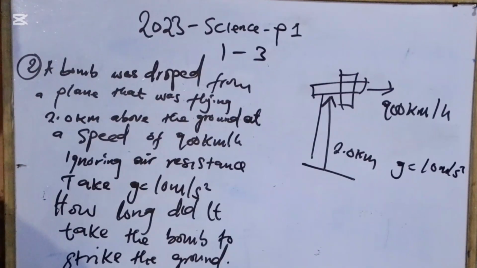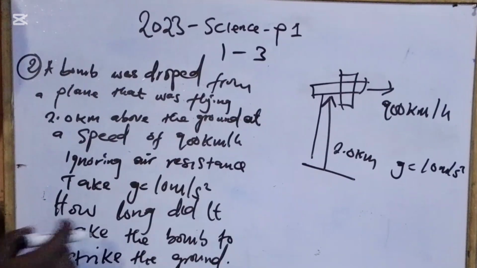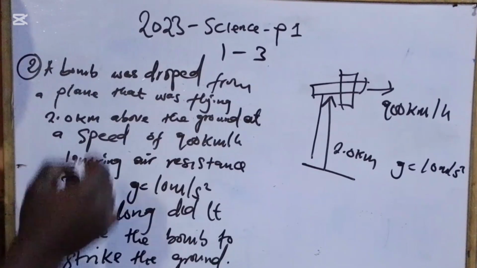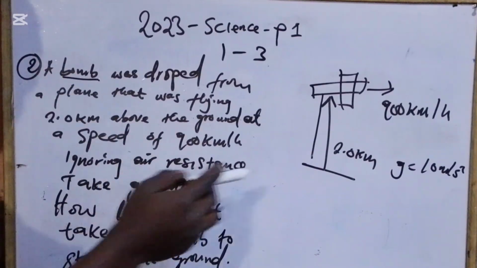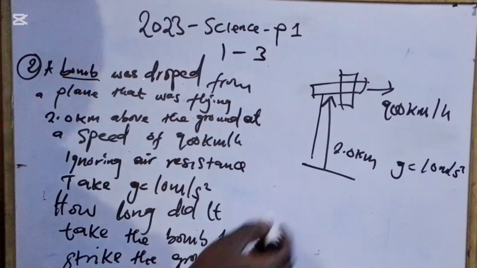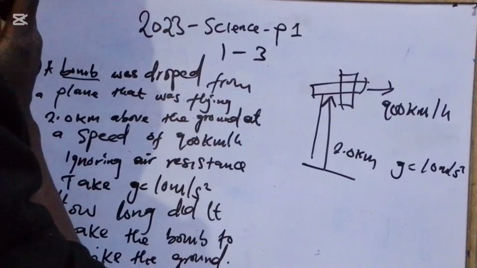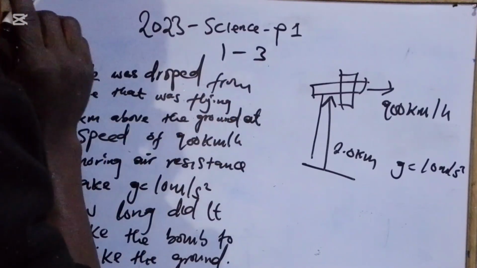Now which equation are we going to use to find how long it took the bomb to strike the ground? Here we are asked about the time in which this bomb reached the ground. First of all, there is some data which you should pick.